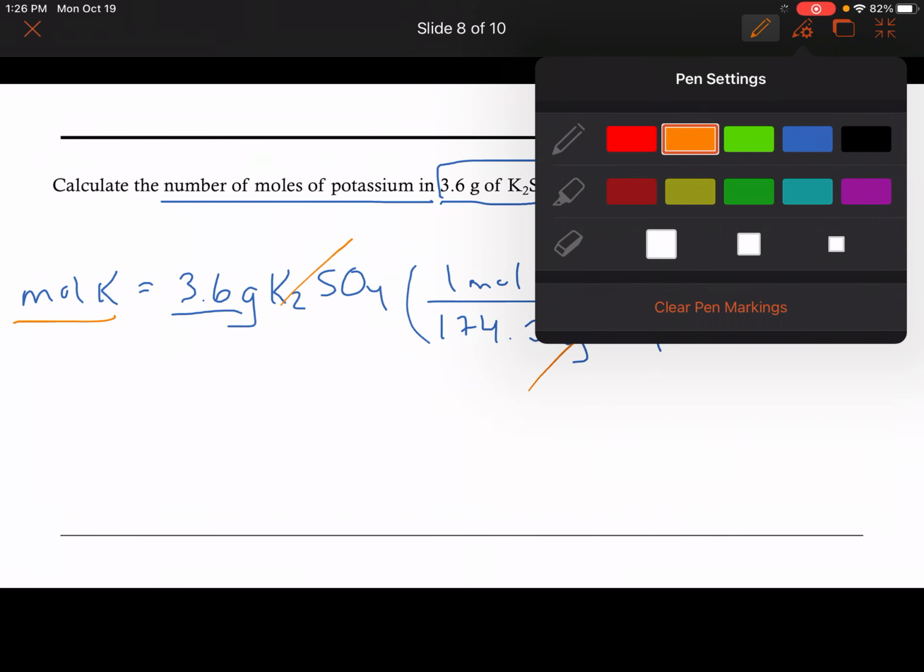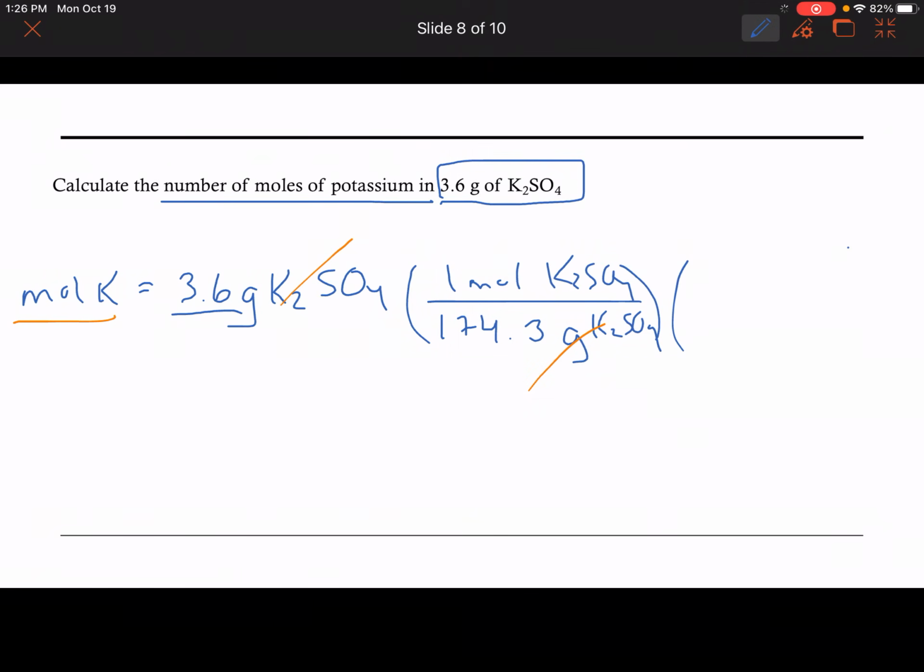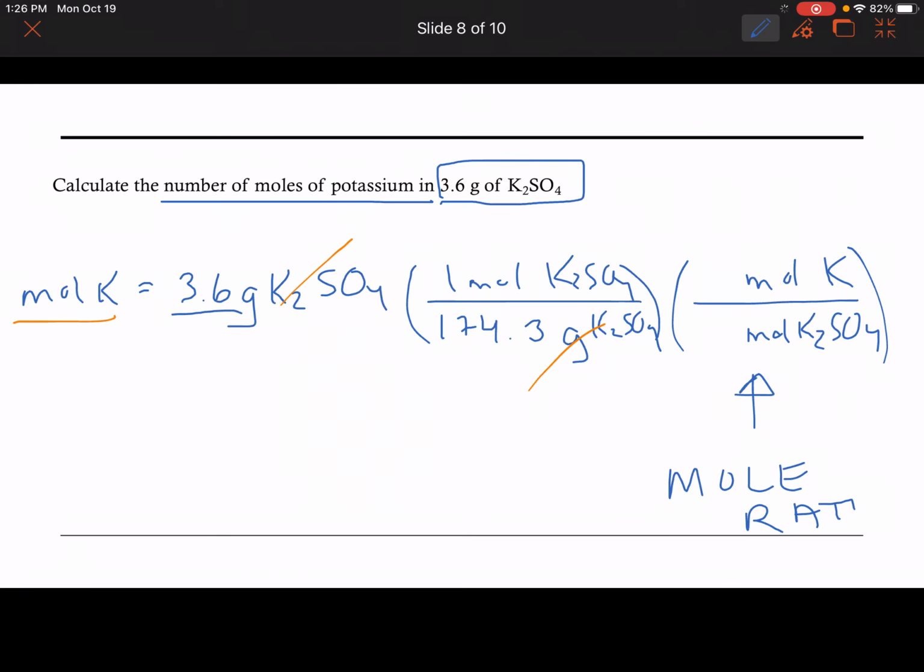So you're going to need another bracket, and now moles of K2SO4 goes on the bottom, and moles of potassium goes on the top. And now we're going to look at our mole ratio. This is called the mole ratio. When we compare moles to moles, that is our mole ratio. And so we've got 2 potassiums for every 1 mole of K2SO4.